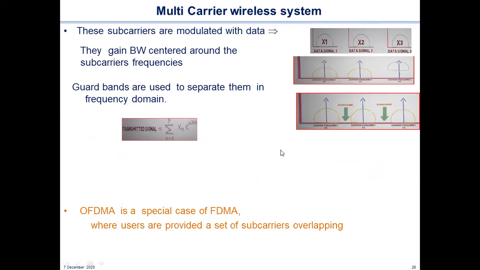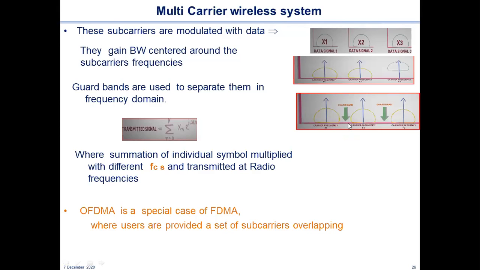And as you can see here, these subcarriers are modulated with data like this, 10 kilohertz symbols, whose symbol period is 100 microseconds. Each carrier is modulated with one data symbol, and the guard bands are used to separate them like this.